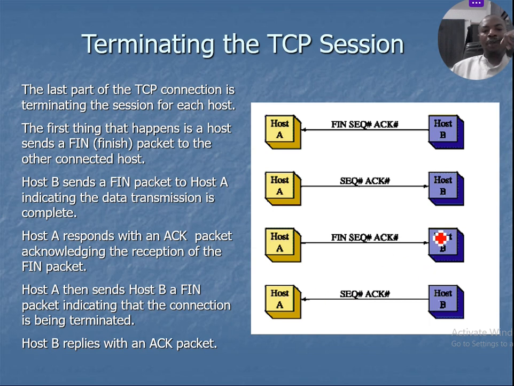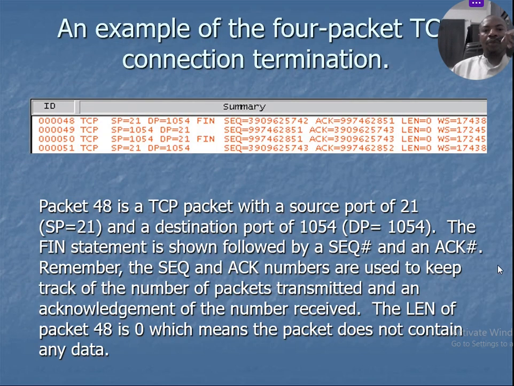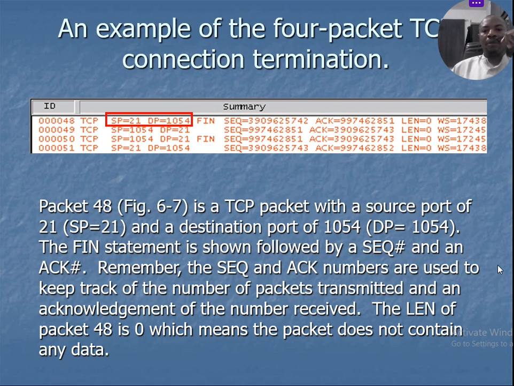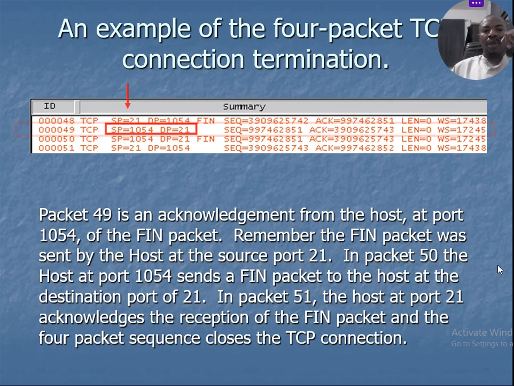Then they terminate the session. First it was B that sent the finish to A, A acknowledges it, then A sends the same thing to B, and B responds with an acknowledgement. Whenever they need it again, it will start automatically. I think we've given a similar example like this, so I don't have to repeat this part.